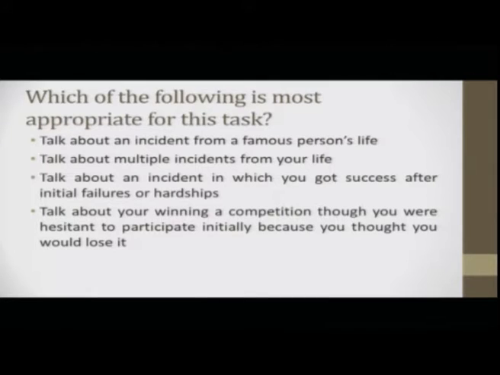Talk about multiple incidents from your life. Talk about an incident in which you got success after initial failures or hardships. 4th one, talk about you winning a competition, though you were hesitant to participate initially because you thought you would lose it. So, which one is most relevant for this task?